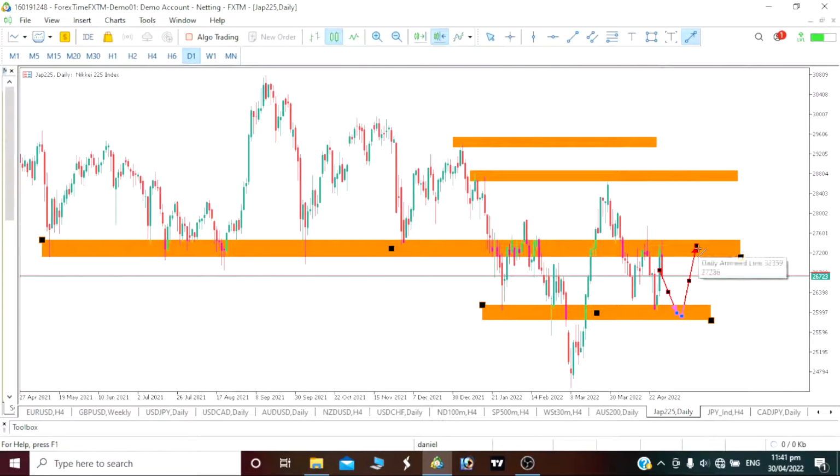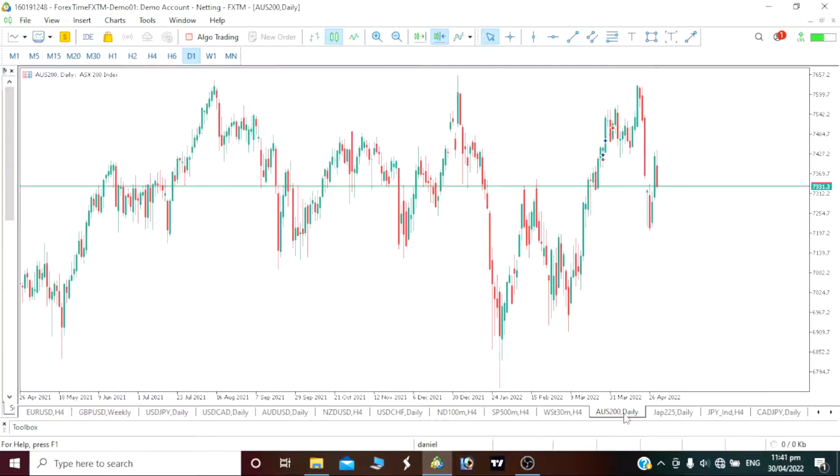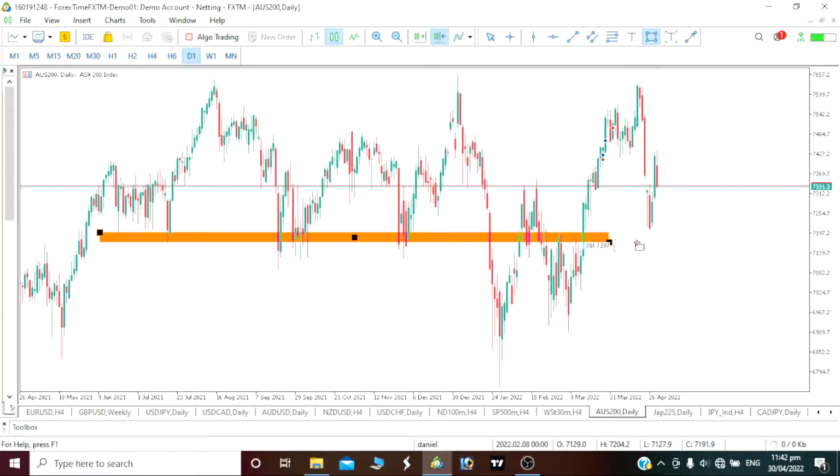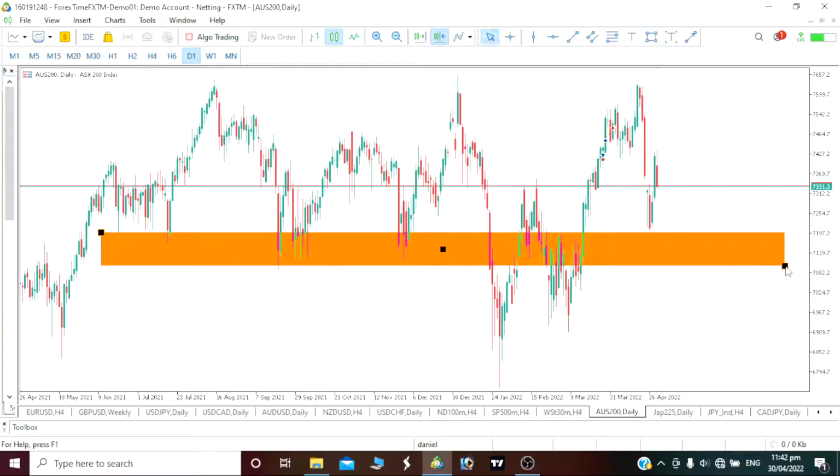We would want to consider our price as ranging. That is exactly how we would want to see it on our Nikkei 225 and our ASX 200 index. Let me mark some areas here. I'm going to mark this as support, as you can see our price has reacted to this area.